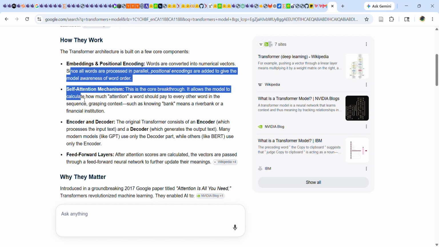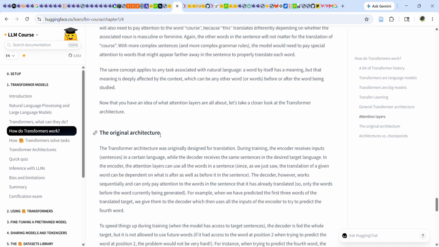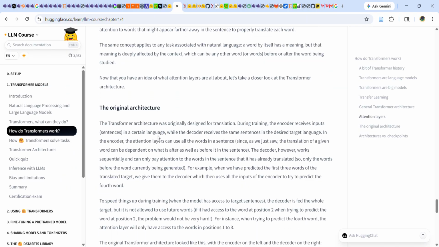This is built on a few components, including the encoder and decoder architecture as well. The same concept applies to any task associated with natural language: a word by itself has a meaning, but that meaning is deeply affected by the context, which can be any word before or after the word being studied.